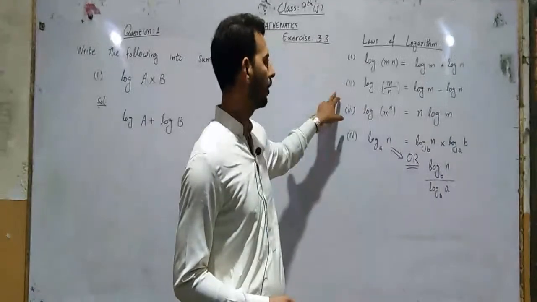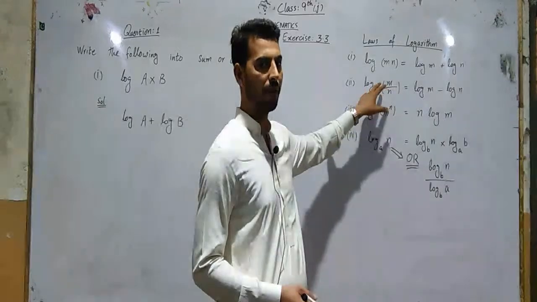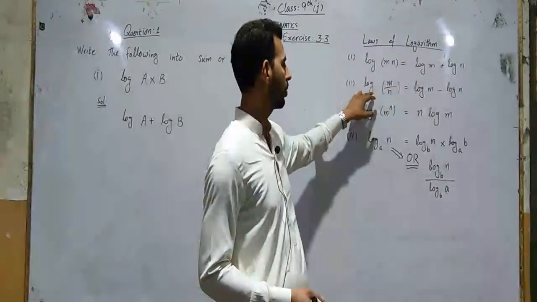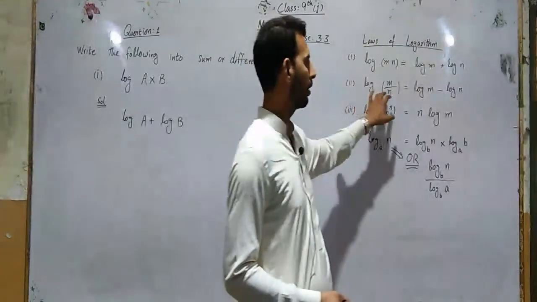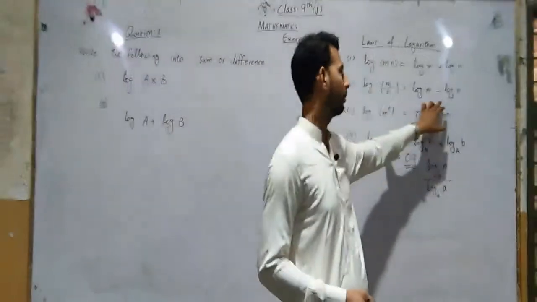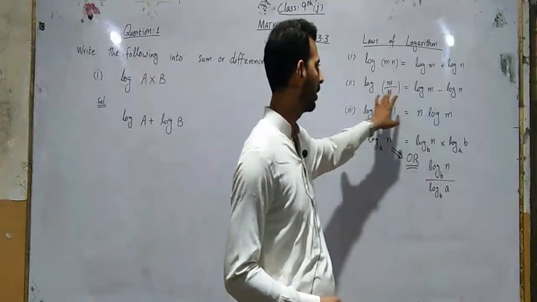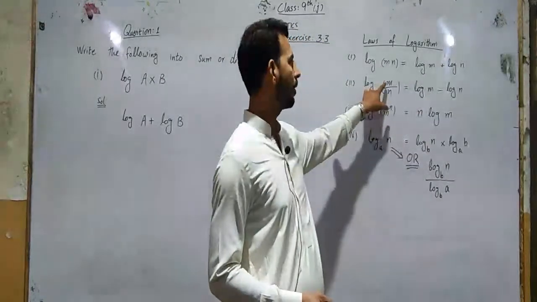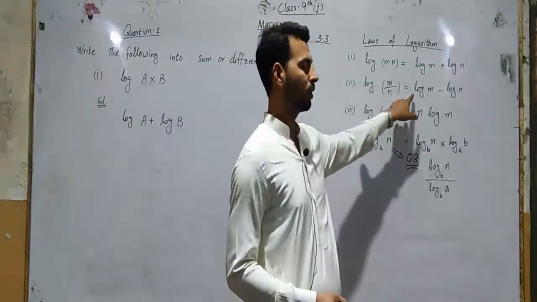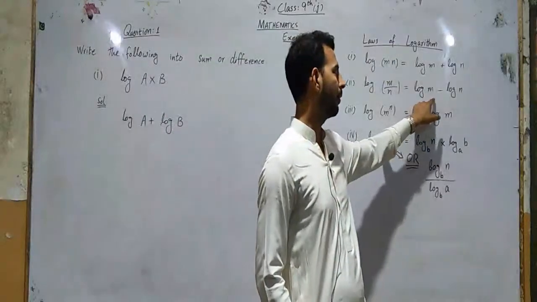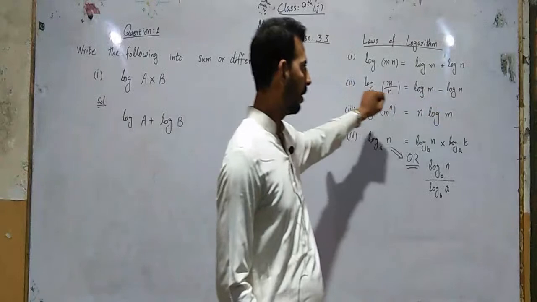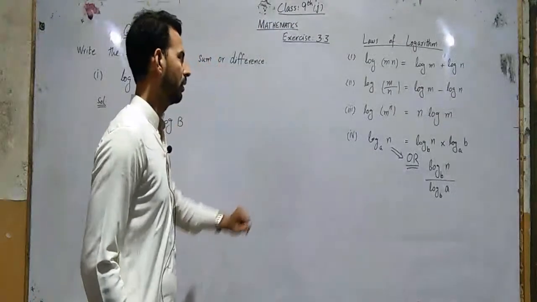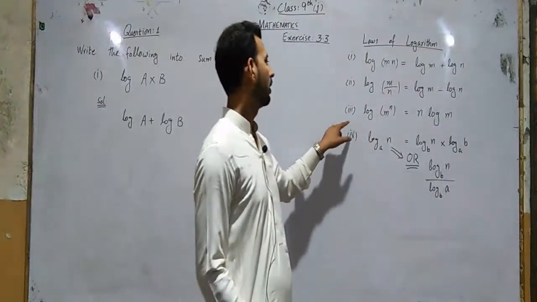Similarly, if two things are dividing with each other, we can put a minus between them and write log m/n equals log m minus log n. This was our second law.